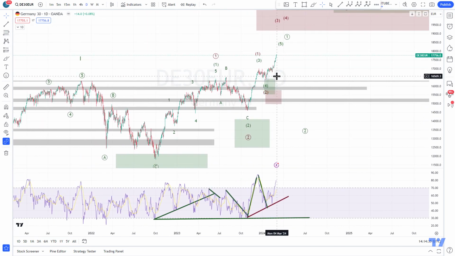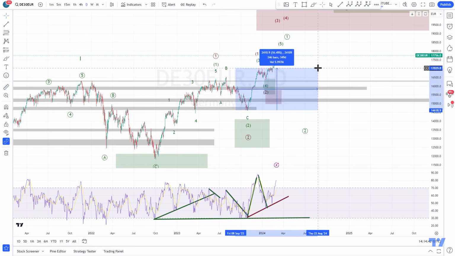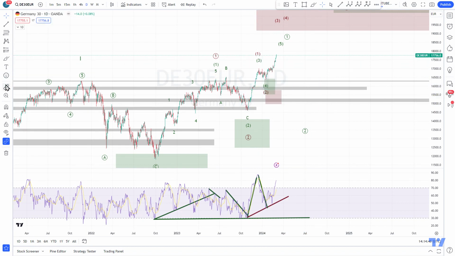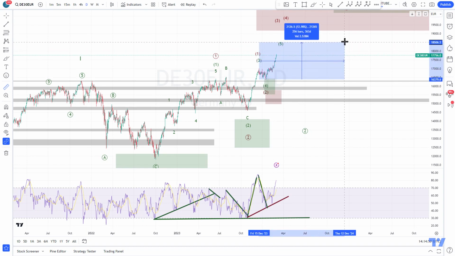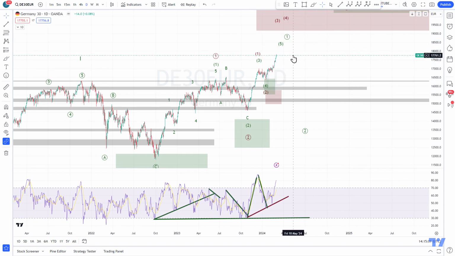For the moment, this is still not the case, but what we have to monitor here is the length of this wave 3 and the length of this wave 5. So if we would go beyond somewhere this level here with this fifth wave, then this scenario in green got invalidated.